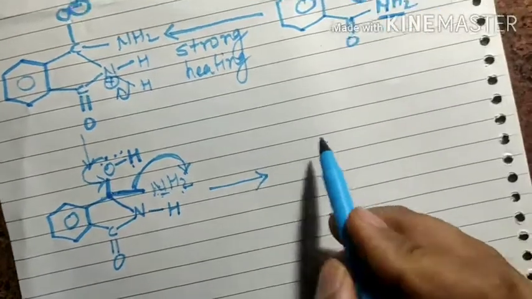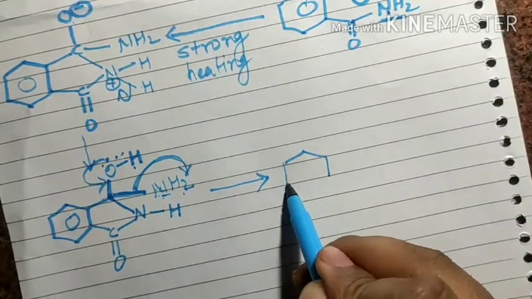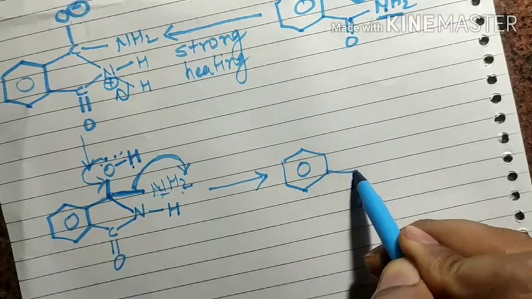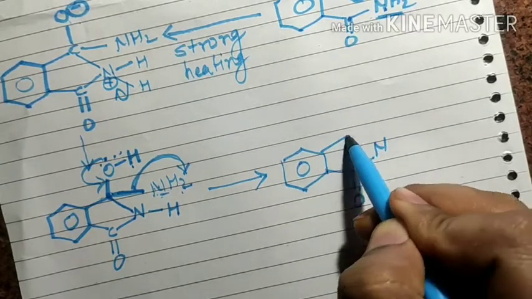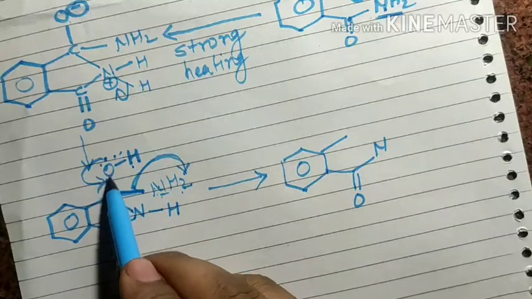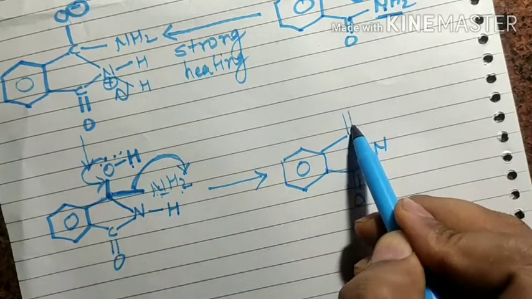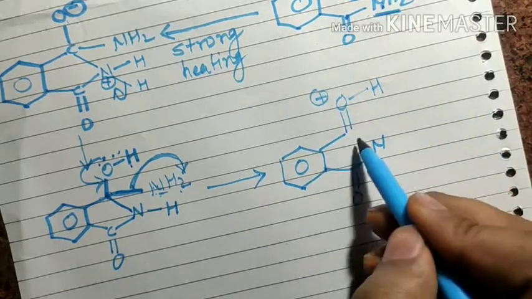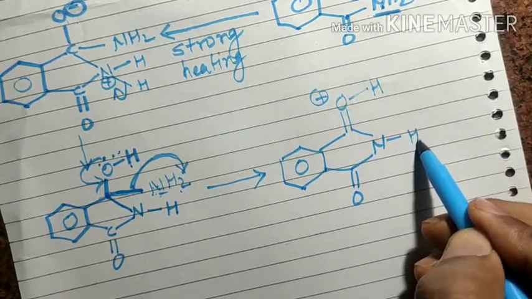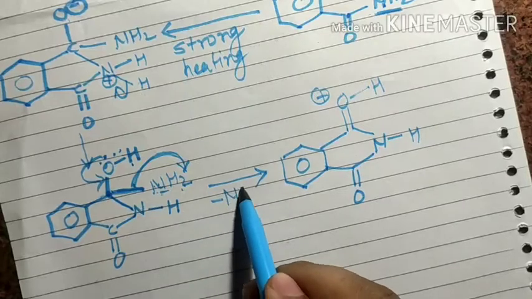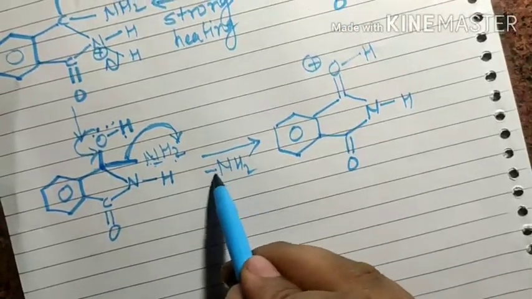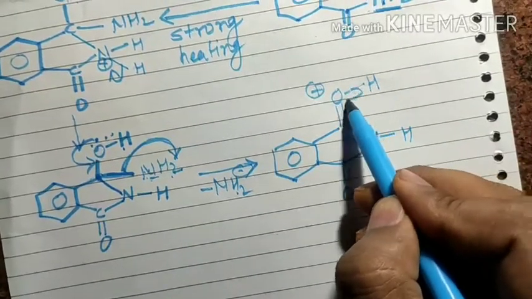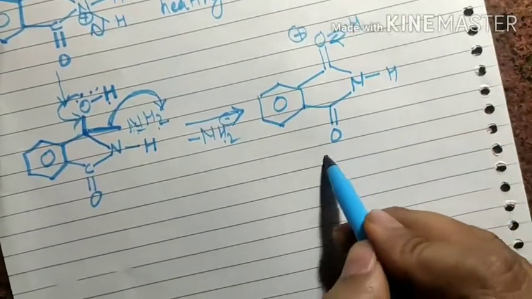So I write here, this one is benzene, double bond O, nitrogen, and this oxygen and carbon bond becomes a double bond. So double bond O and H with positive, and this nitrogen and H, and as the NH2 leaves here as NH2 minus, it abstracts this hydrogen and it changes into the double bond O.